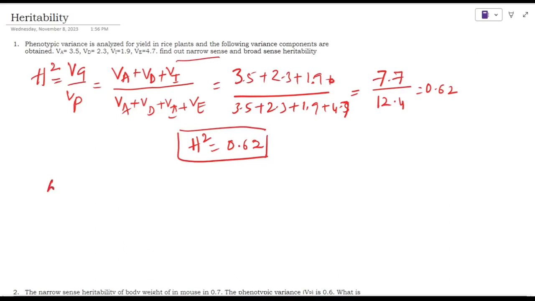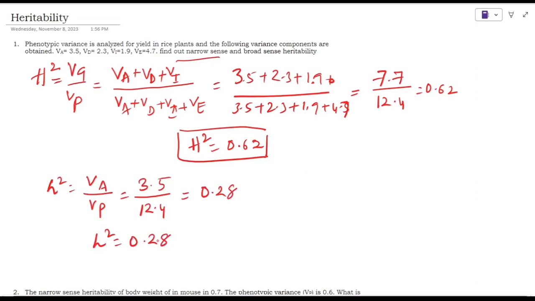Va is 3.5 divided by Vp, 12.4. So the small h square value is equal to 0.28. That means narrow sense heritability is 0.28. That mainly indicates that it is mainly influenced by environment, and no additive gene effect will be there. That is the answer for the first question. So next we will move on to the next question here.